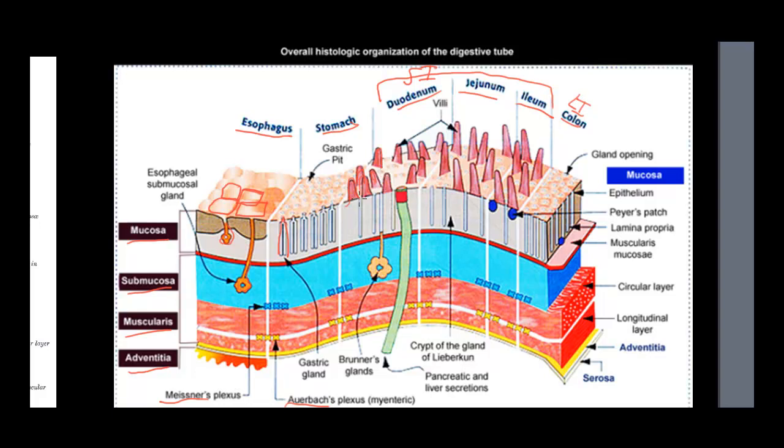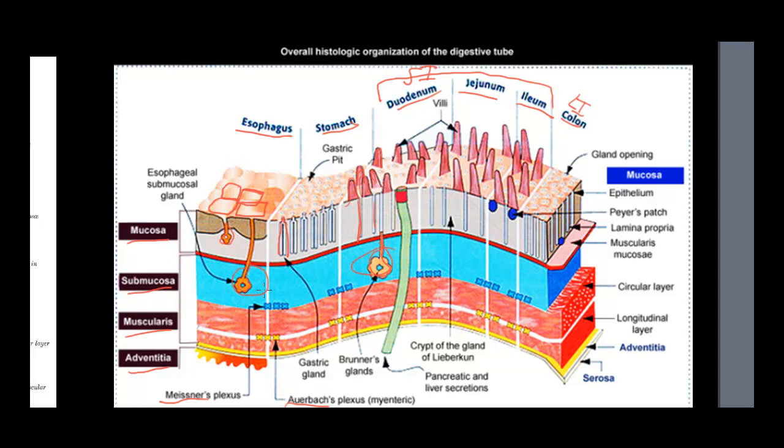And then we have these crypts that extend down into the mucosal layer, or you can call them crypts or glands. And then at the base of these crypts are more glands. So as I said before, this is Brunner's gland, and along a large majority of the intestine, there are no glands in the submucosal layer, except in the esophagus and the duodenum.